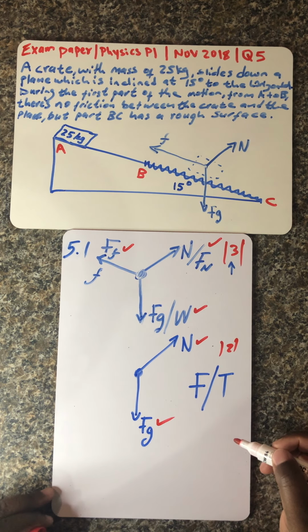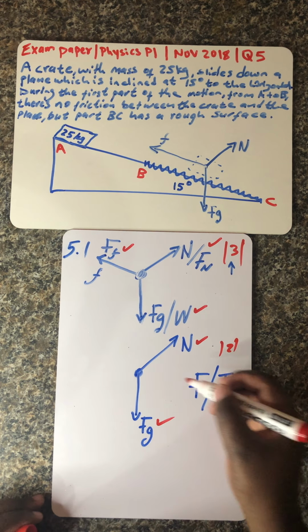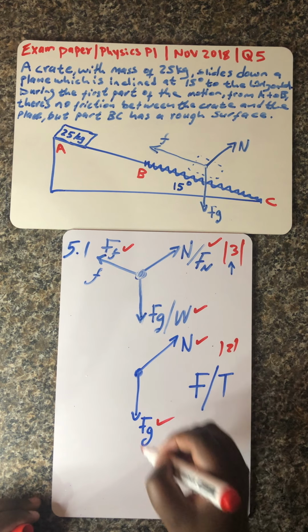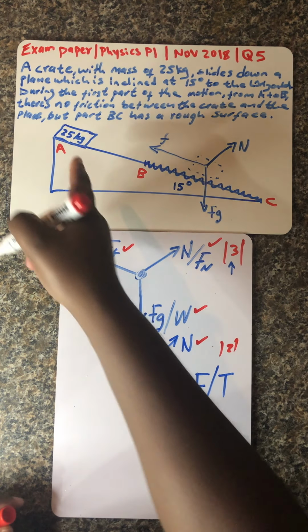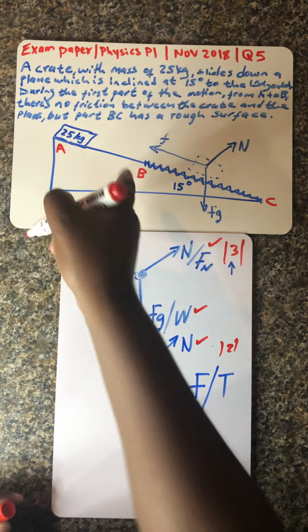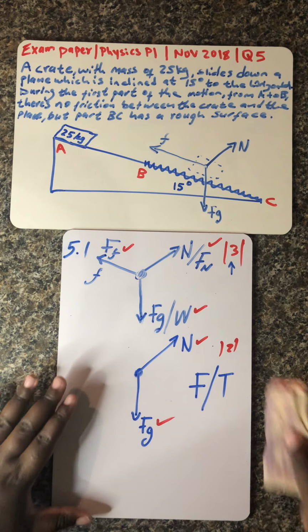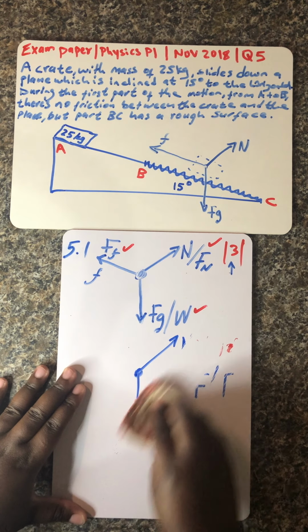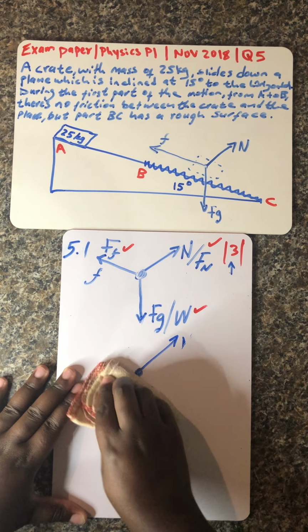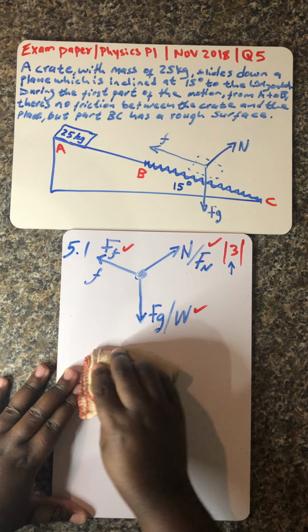It also serves as an indication that you're most likely to provide 2 forces acting on that object when it's still between A and B. So guys, let's move to the next question.